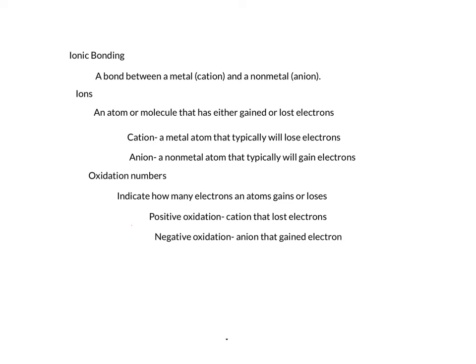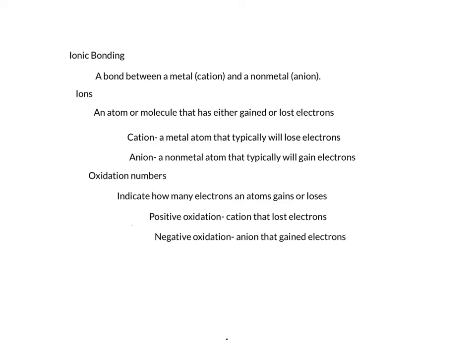So when we see an oxidation number that is -1, then that means that atom gained 1 electron. If the oxidation is -2, then that atom gained 2 electrons. If it's a -3, then we know that atom gained 3 electrons.